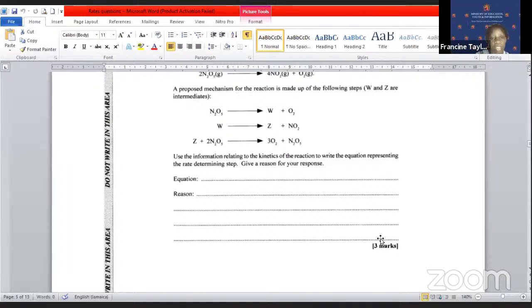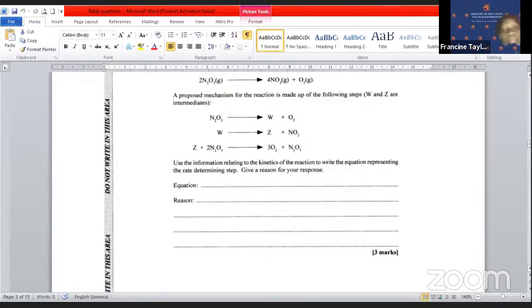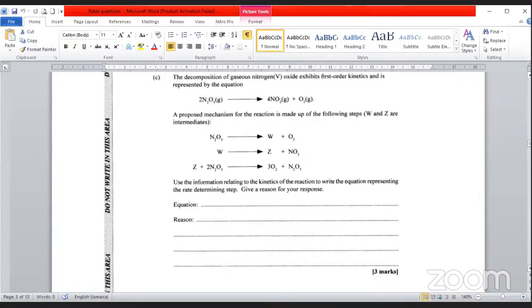So Stuart says N2O5 is the only reagent. Right, and so it would have to be a part of the rate determining step. All right. So for this particular question, they wanted you to choose from the steps given the one that you would designate the rate determining step.